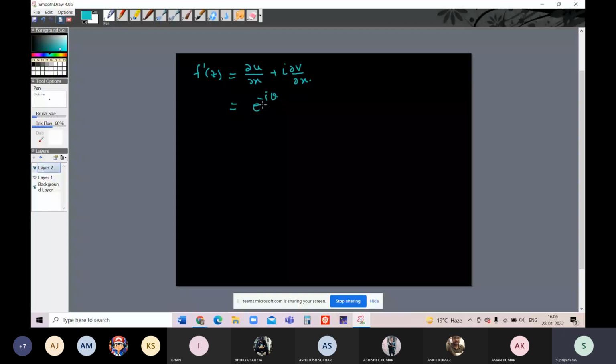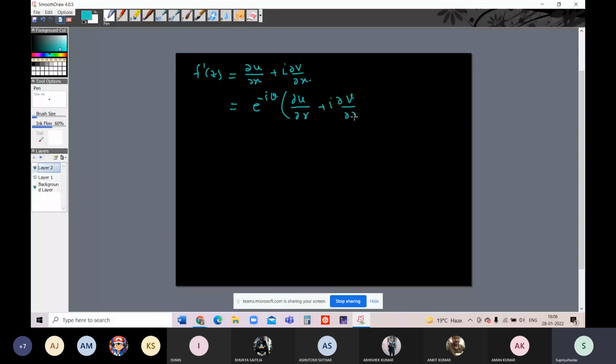And you know that f'(z) is ∂u/∂x + i ∂v/∂x. So you can also find this in terms of r and θ. In polar form it will be equal to e^(-iθ)(∂u/∂r + i ∂v/∂r).